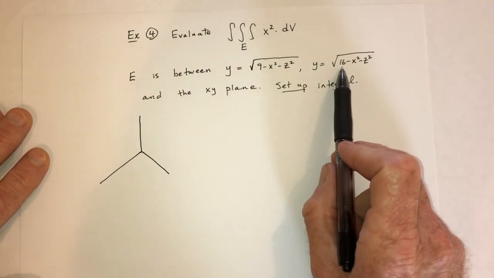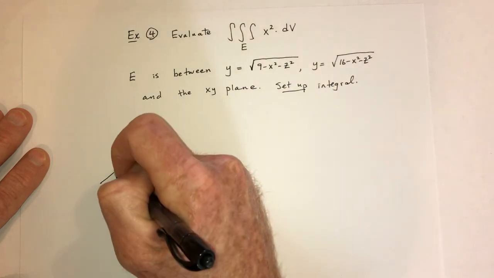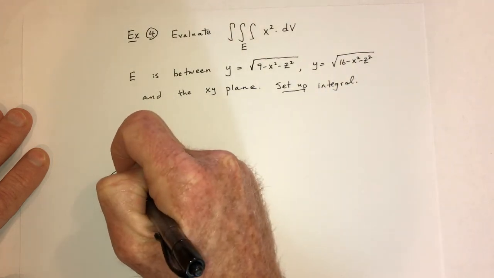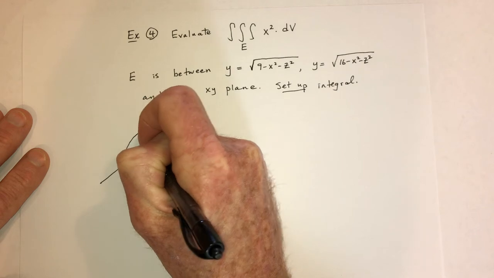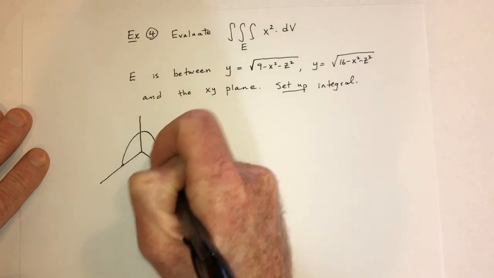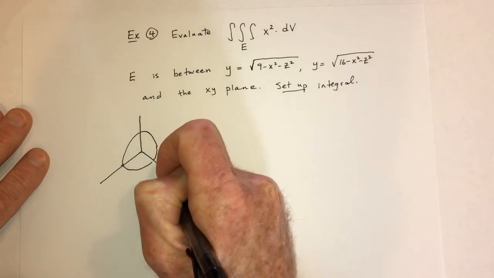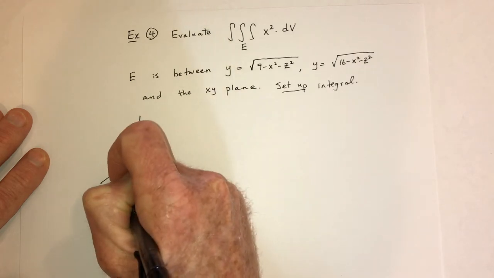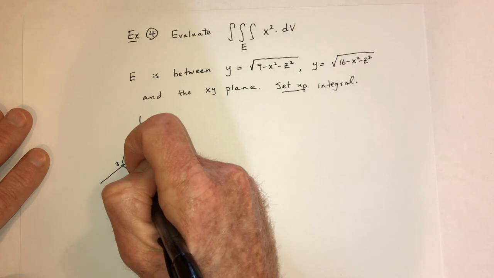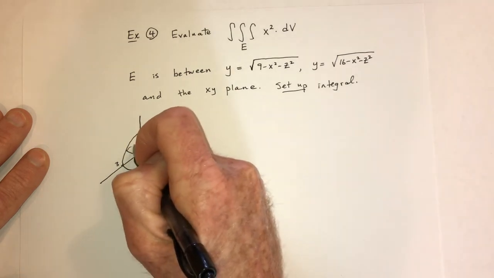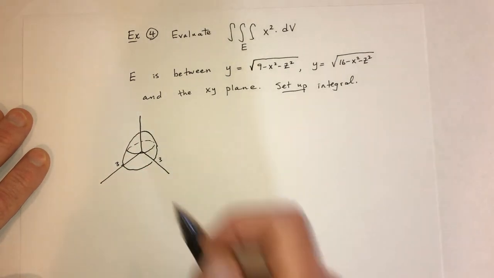Likewise, this is a sphere of radius 4. But again, only the top half. So you've got a sphere with a radius of 3, nice round shape.